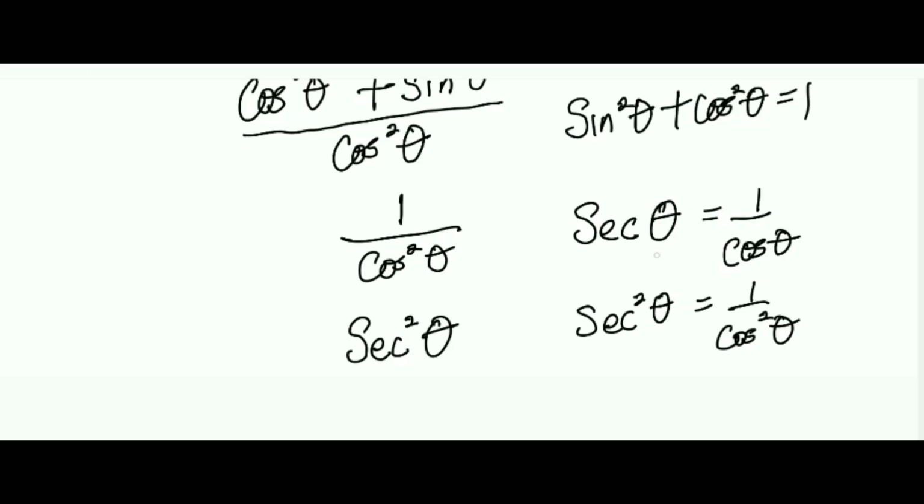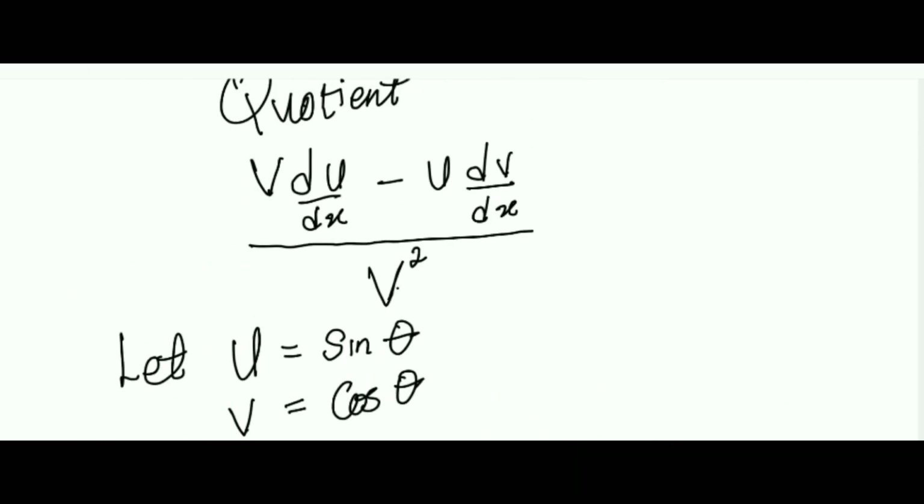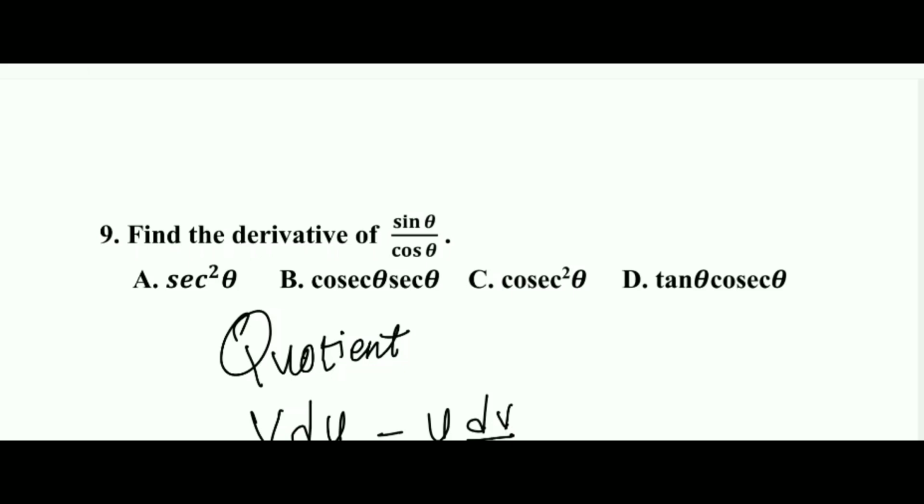Pay attention to all of this. Let me tell you about this too. Cosec theta is equal to 1 over sine theta. Take note of that. And cot theta is equal to 1 over tan theta. So let's get back to our question. This is supposed to be option A.